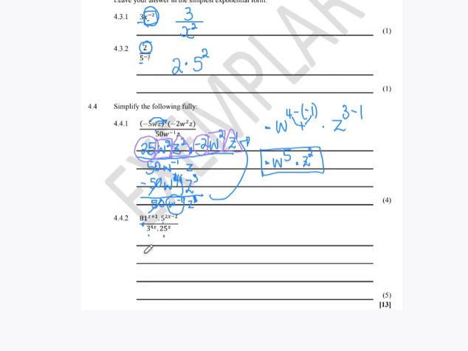So 81 we know to be 3 to the power 4, x plus 1, times 5 to the exponent 2x minus 2, everything divided by 3 to the exponent 4x times 5 to the exponent 2 equals 5 squared, and then to the power x.